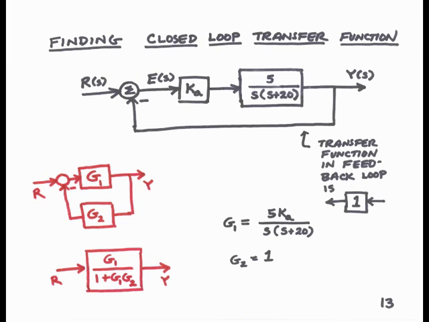For our case, G1 is the cascade combination of Ka and 5 over s plus 20, and G2 is 1. So now we can just plug these into our form and do some algebra to find the closed-loop transfer function between r and y.